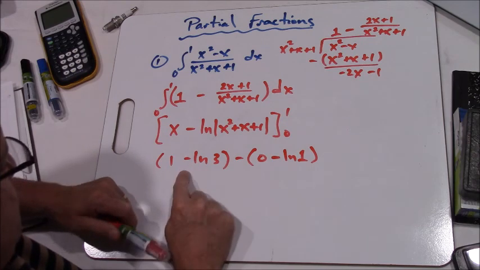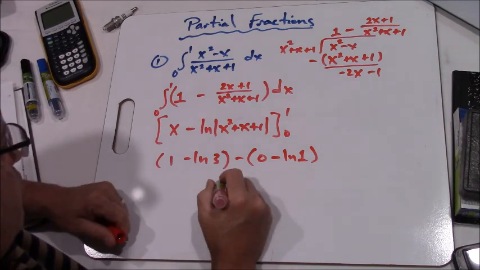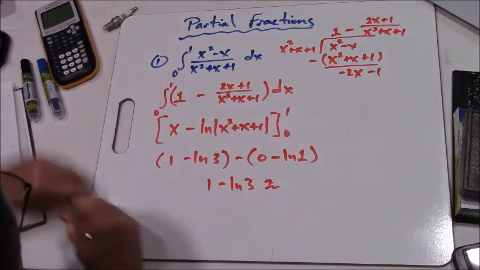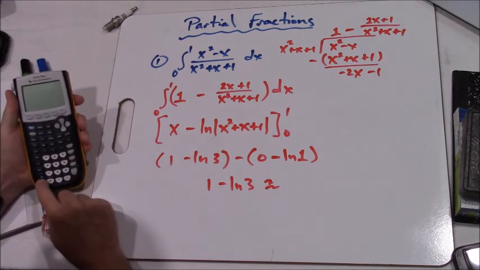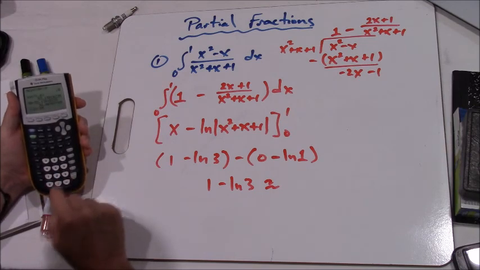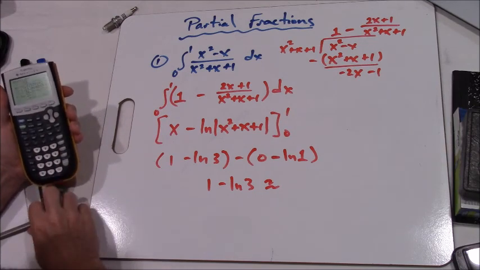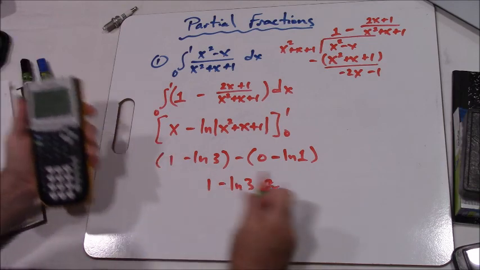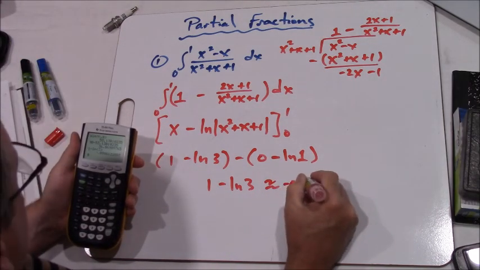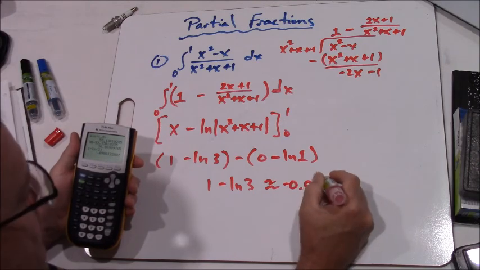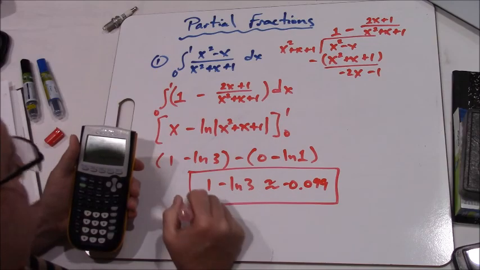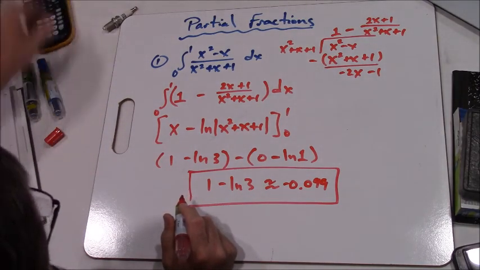So really that's my answer right there. 1 minus natural log 3, which is about equal to, if I do that on my calculator, 1 minus natural log 3, I get a negative 0.099. There's my answer for that one.